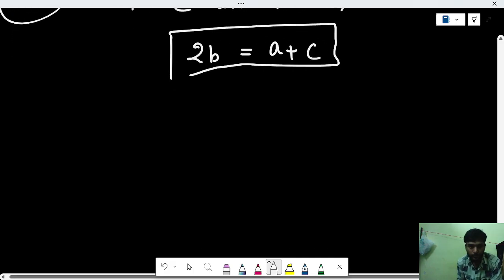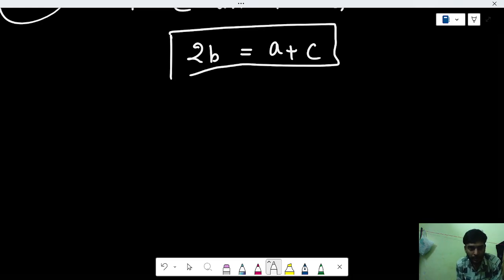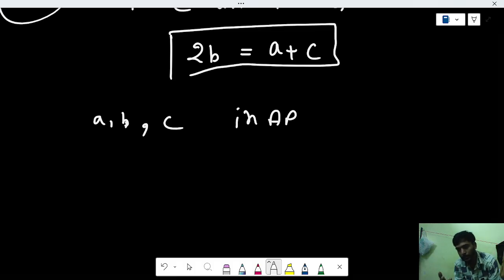How? Let A, B, C be in AP, and we also know that the difference between two successive terms in AP is constant.